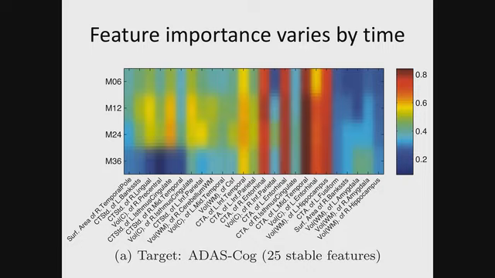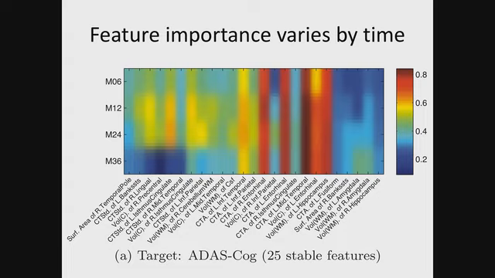One could also try to analyze the results in terms of looking at the feature importances as a function of time. So one row here corresponds to the weight vector for that time point's predictor. Okay? And so here we're just looking at 4 of the 5 time points. And the columns correspond to different features that were used in the predictions. And the colors correspond to how important that feature is to the prediction. You could imagine that being something like the norm of the corresponding weight in the linear model, or a normalized version of that.